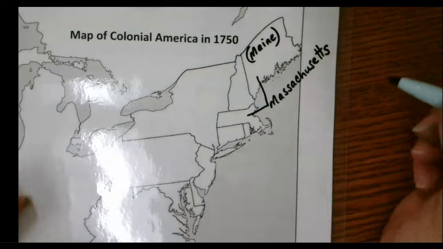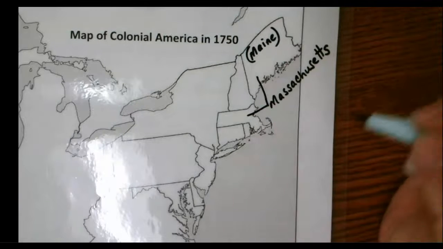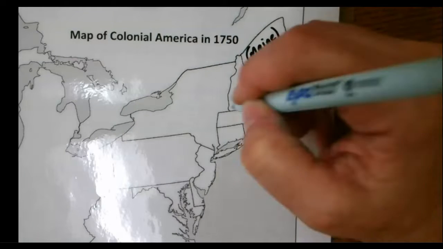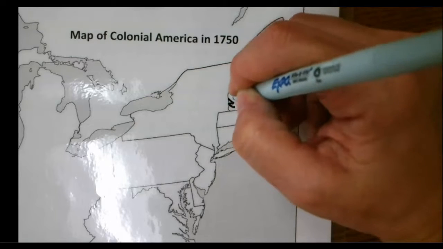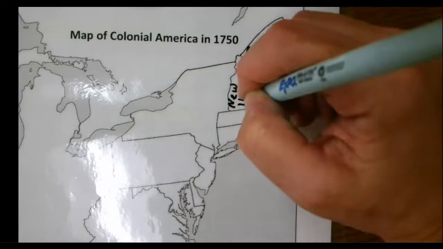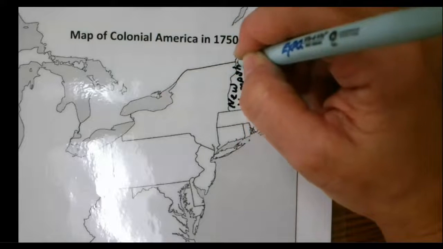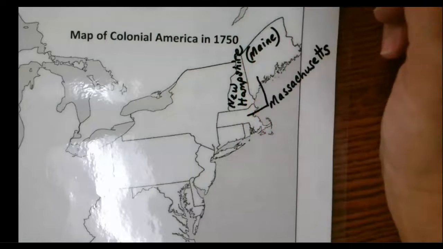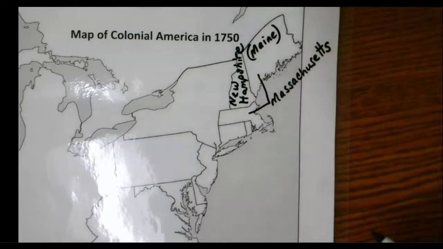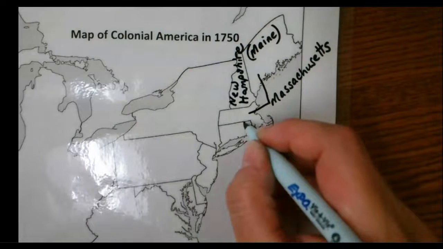So after you label Massachusetts, the next one I go to is New Hampshire, and it is right next to Massachusetts. All right, New Hampshire. And the next one is this little one right here.